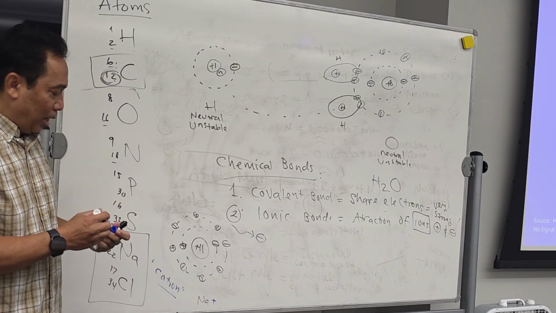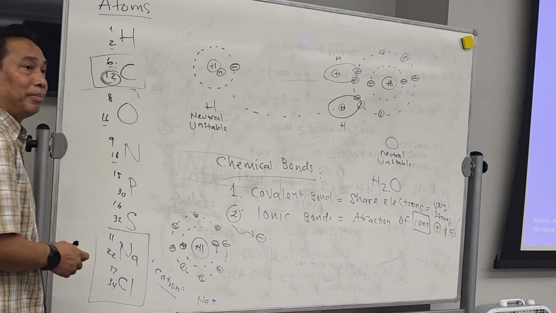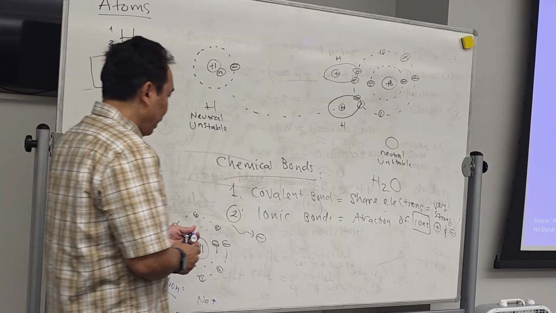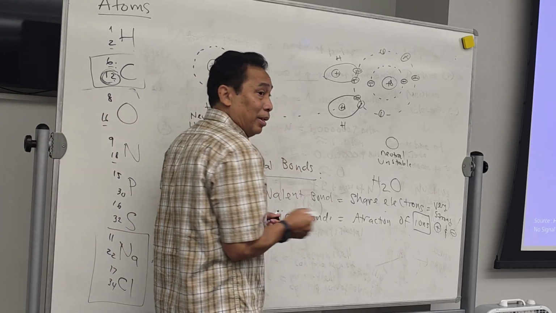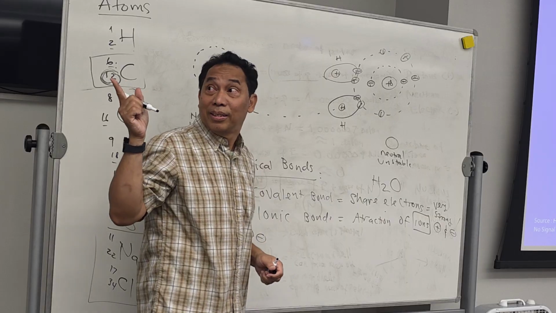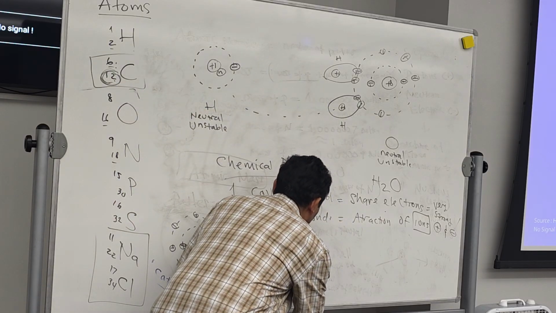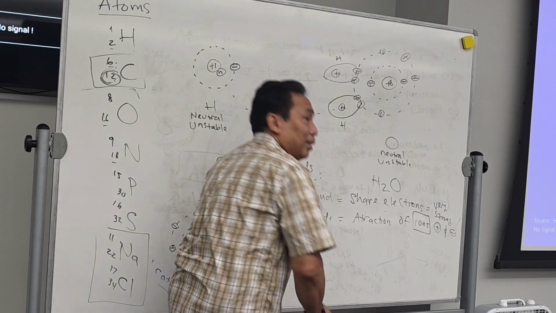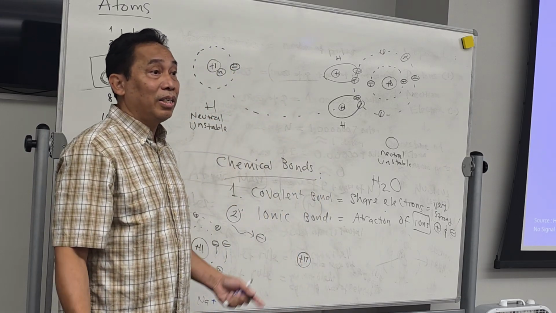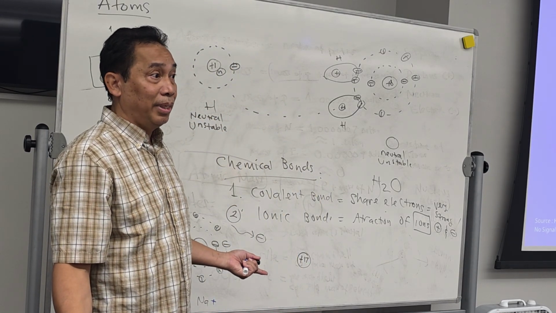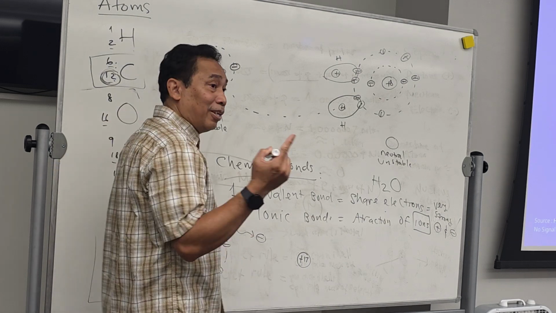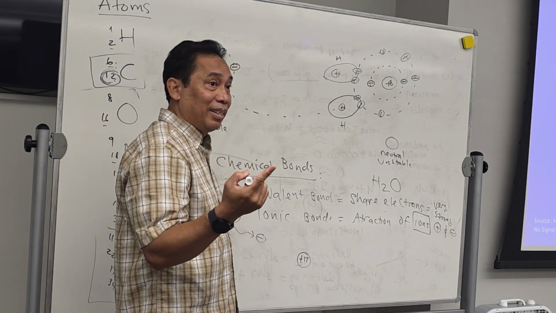Okay? Now look at the chloride. Chloride, what is the atomic number? 17, right? It means that it has 17 protons, right? It has 17 plus in the nucleus. How many electrons? 17.